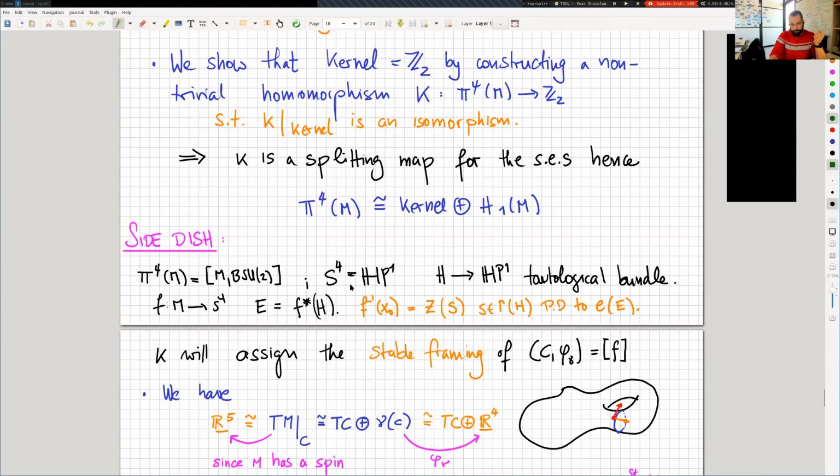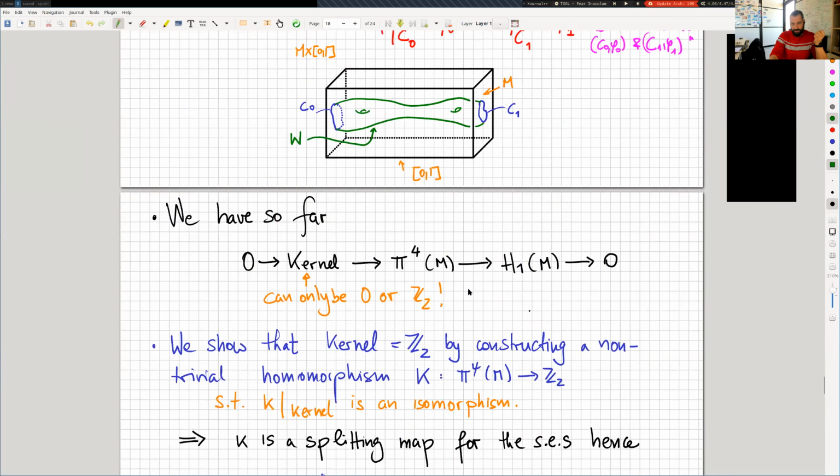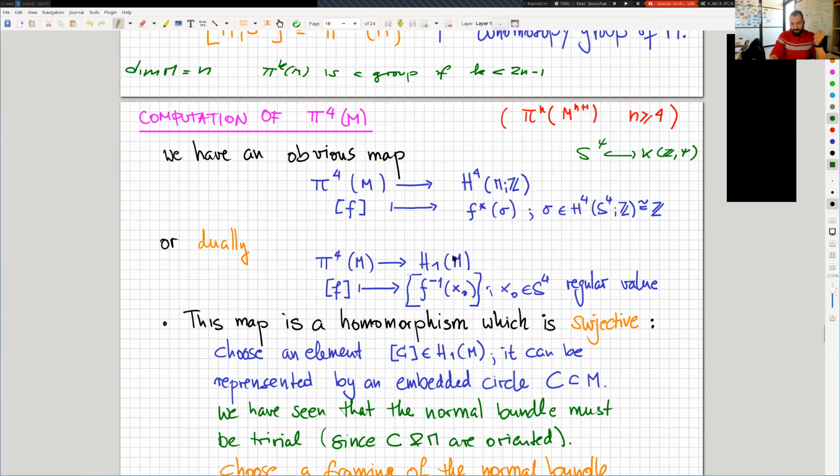And if you have this interpretation of your bundle, so every bundle is a pullback of the tautological bundle, then this correspondence is nothing else than assigning to this pullback bundle its Euler class.